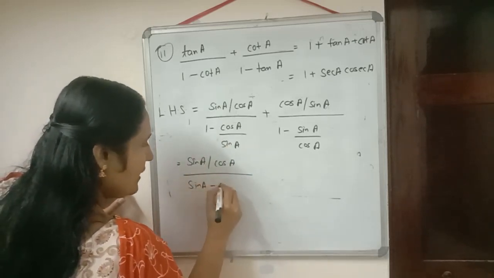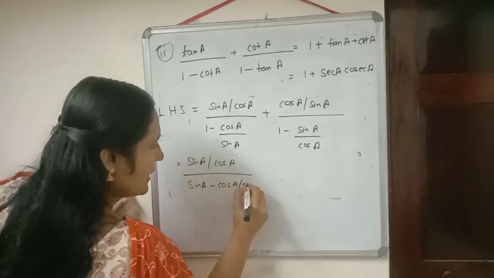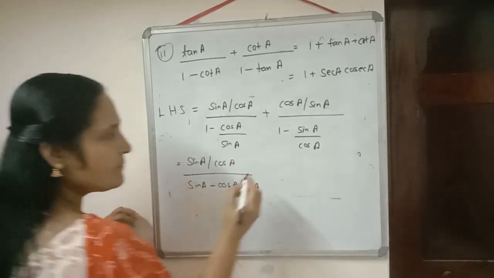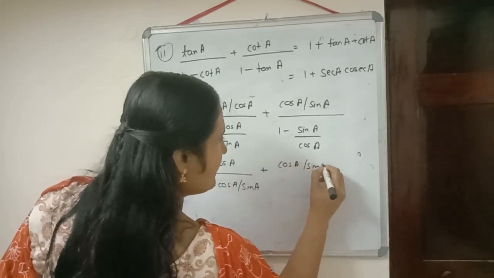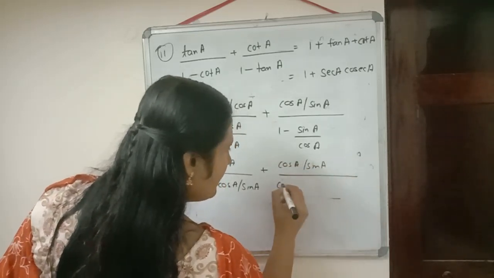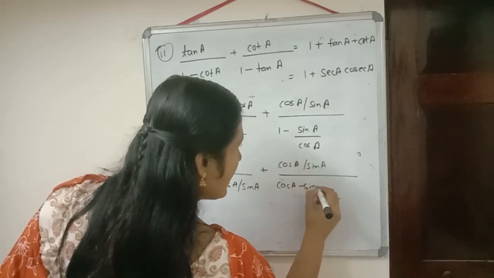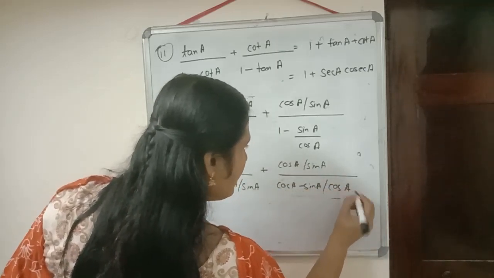Then sin A minus cos A by sin A will remain there. Plus similarly here we will get cos A by sin A by cos A minus sin A by cos A will remain there.